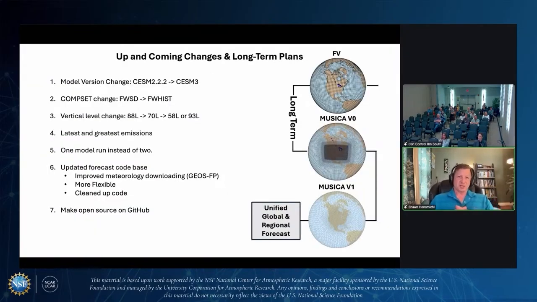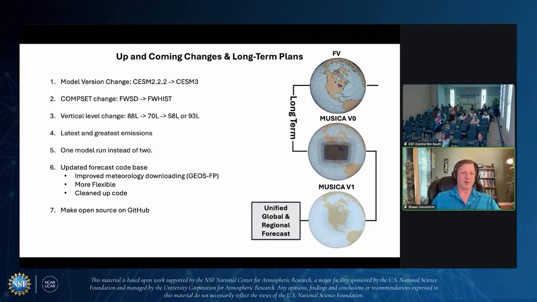As for the changes that are coming and our long-term goals with our forecasts, we're getting ready to make the model version change from CESM2 to CESM3. That'll be accompanied by a compset change, switching away from the specified dynamics version to the newer nudged version.